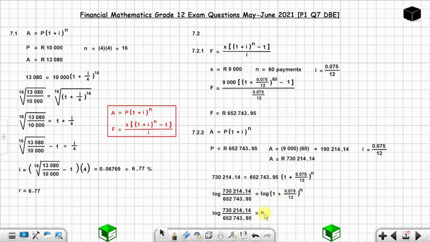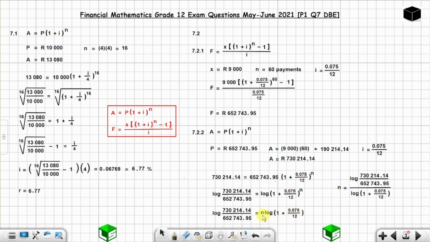Now to solve for N, I'm going to divide by log of this on both sides.